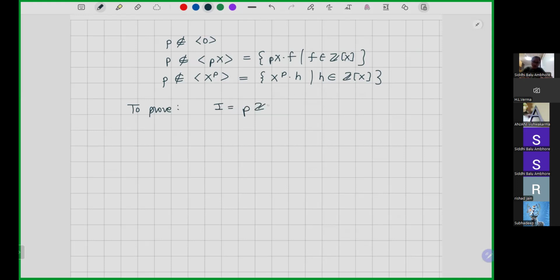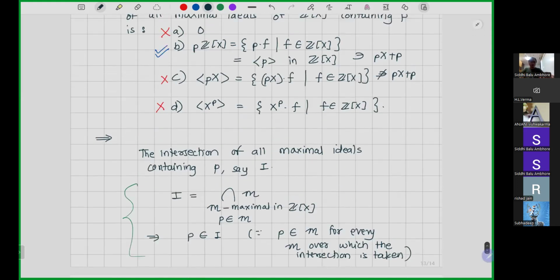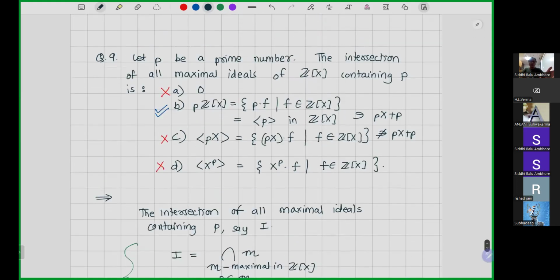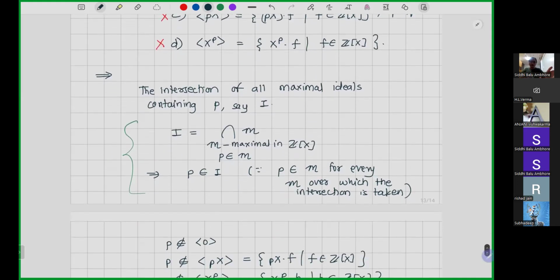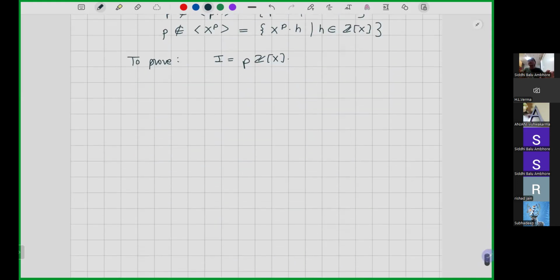I mean, what will you do after taking quotients? When we take quotient with what? The entire I or with some maximal ideal M?